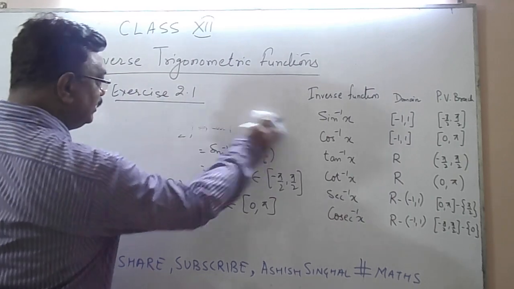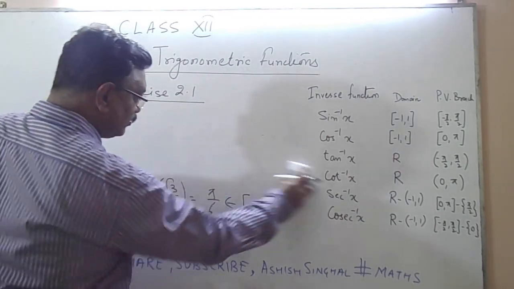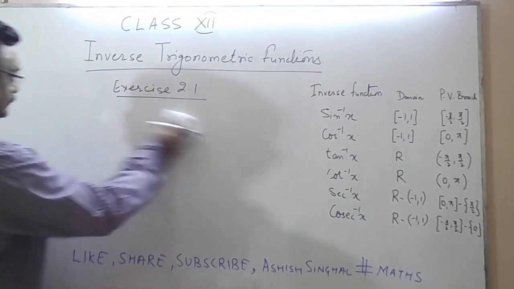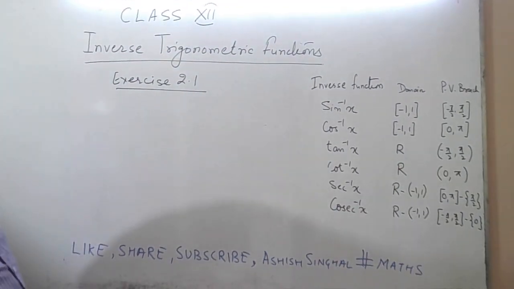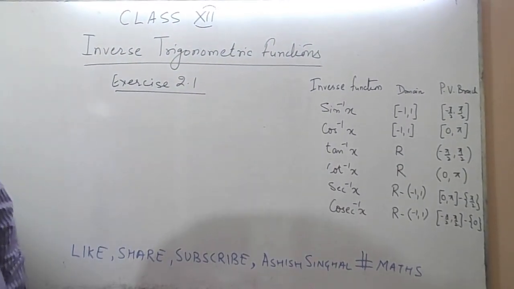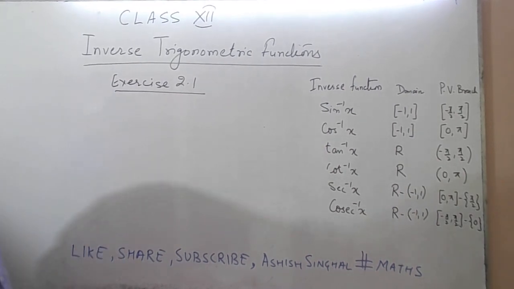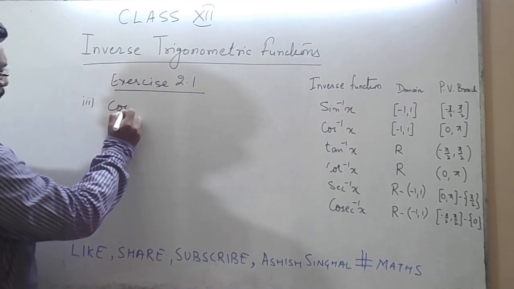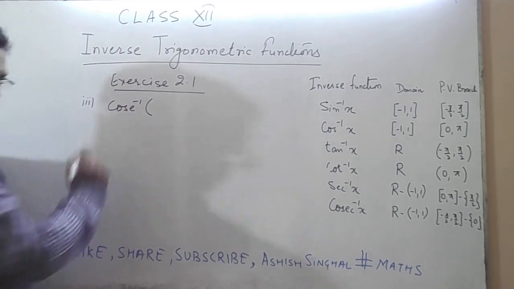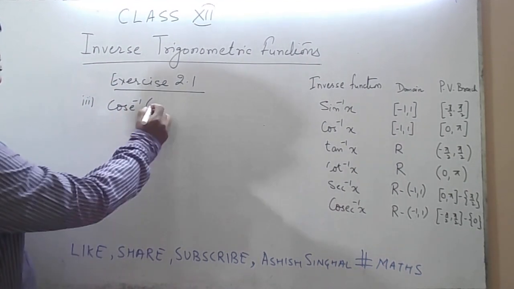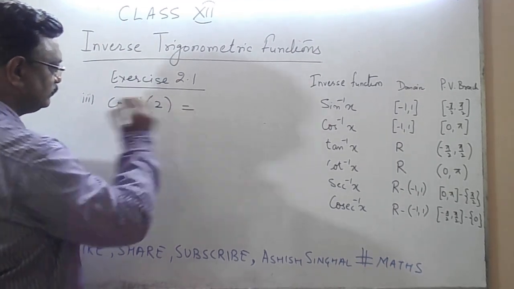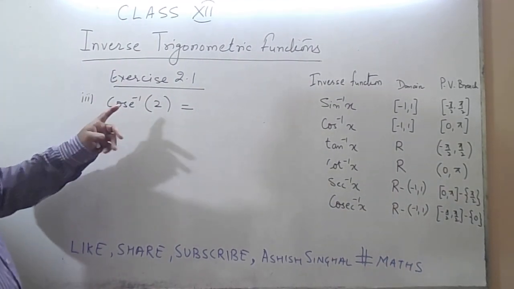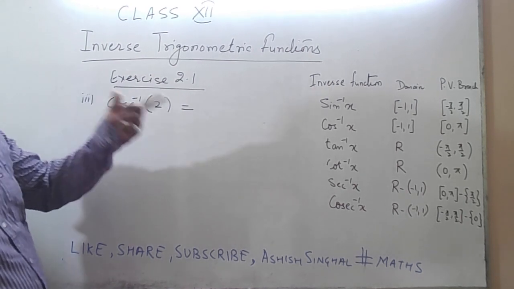Let us take up now some more questions from the exercise. Let's see question number 3. Cosec inverse 2. Now, recall, when is sine theta equal to half?